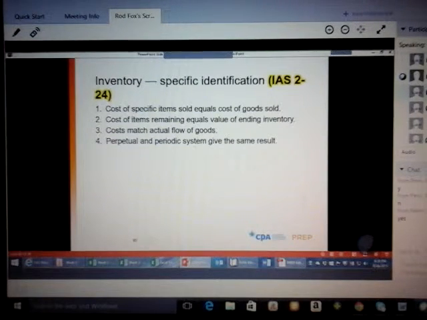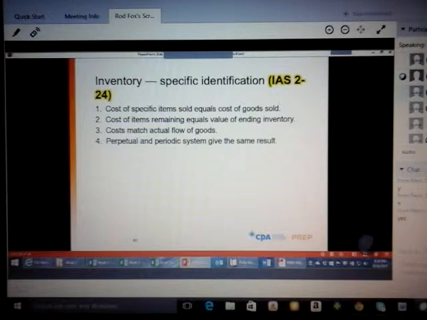Okay, so specific identification is pretty easy. If you go buy a Mercedes, it's pretty easy for the car shop to identify specifically which vehicle you purchased. In that case, they're probably using a specific identification inventory system, where the car they put in is the same car they're taking out and selling to you, and they record that one as cost of goods sold.